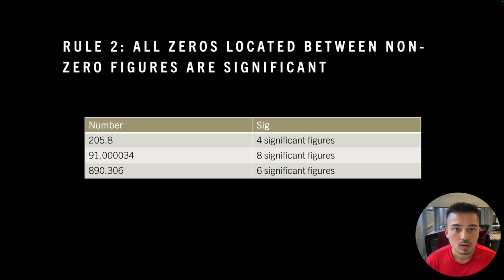For the second rule, all zeros located between non-zero figures are significant. So this is also very easy to understand, as a zero that's in between 2 non-zero digits will be considered as significant.